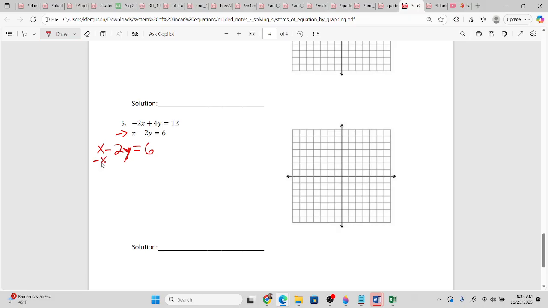So the first thing I'm going to do is get rid of the x. This knocks that out. So I've got negative 2y equals, and here I've got negative x and 6. They're not like terms, so I just write them down: negative x plus 6.